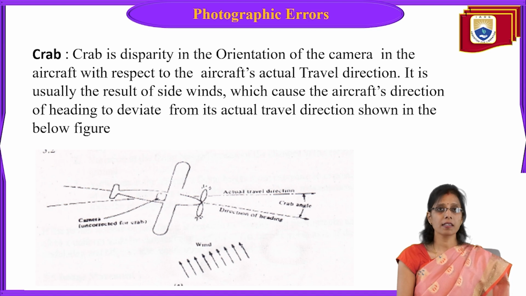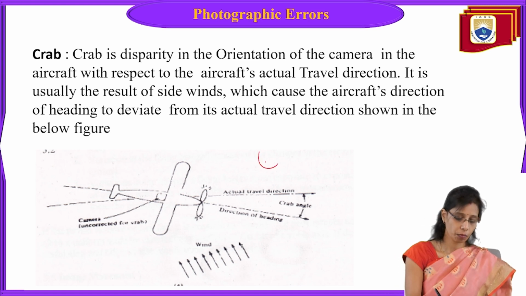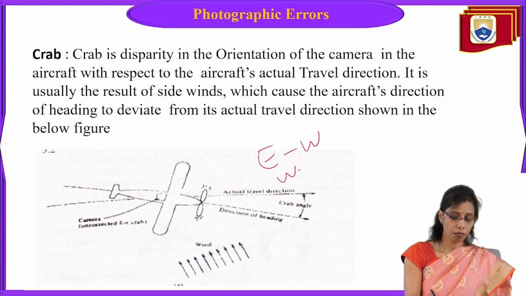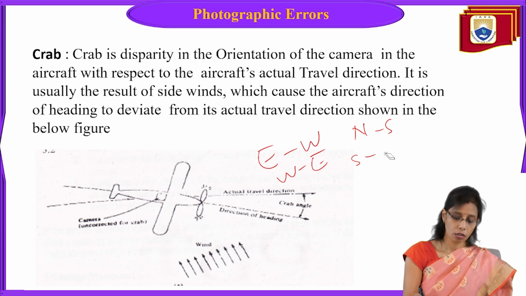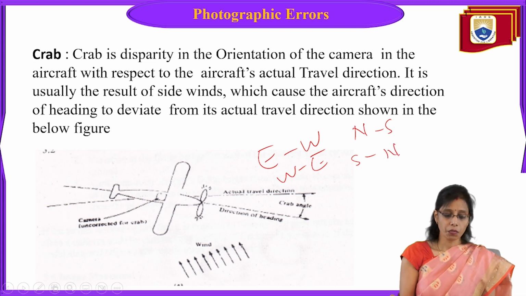Now let us understand what different errors we come across while clicking the photos. When a pilot is going in a direction from east to west or west to east, north to south, or south to north, what will happen?